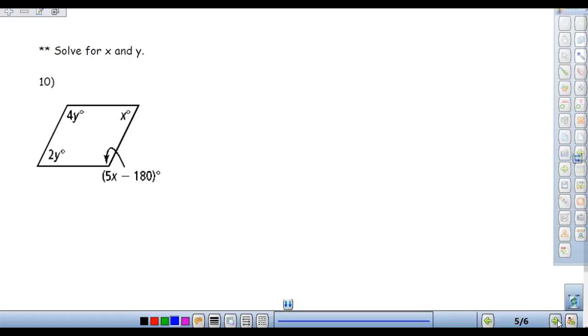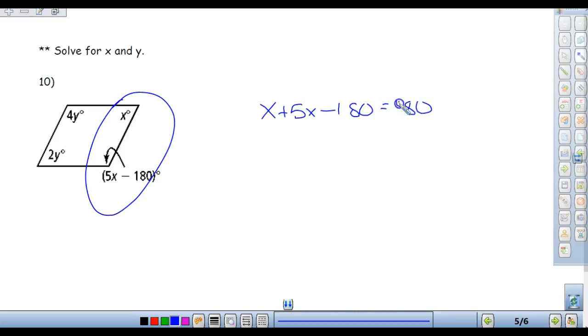All right, how are we going to figure out what my x and my y are? Equals 180? Yeah. Right? Consecutive angles are supplementary. So x plus 5x minus 180 equals 180. So 6x minus 180 equals 180. 6x equals 360. X is 60.